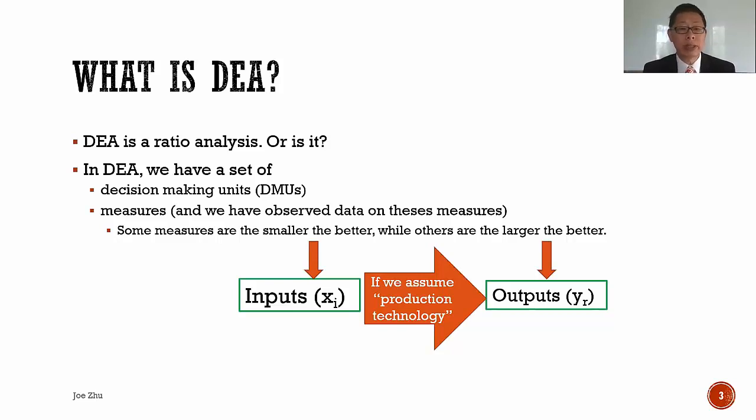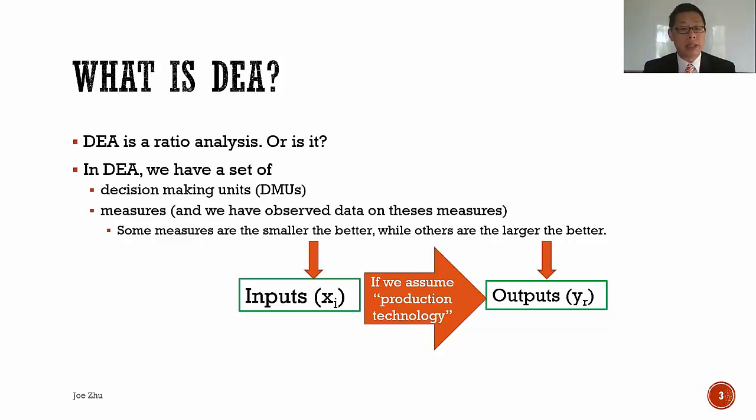And then we also have a set of measures. I think this is the very basic thing in DEA. You have to have two things. One is a set of DMUs. You're going to have it because you're going to study benchmarking and performance evaluation. Then a set of measures.